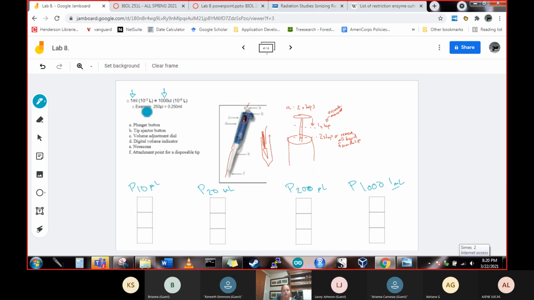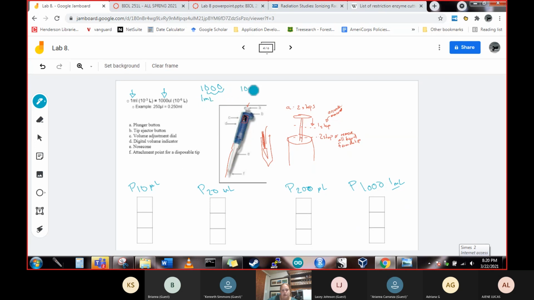Being able to do the conversion between milliliters and microliters is very important. Whatever your milliliter number is, you would move the decimal point 3 places to the right to get microliters. Opposite that, whatever your microliter number is, you would move it to the left 3 places to get your milliliters. So if you had 1000 microliters, you would move it to the left 3 and you would have 1 milliliter.